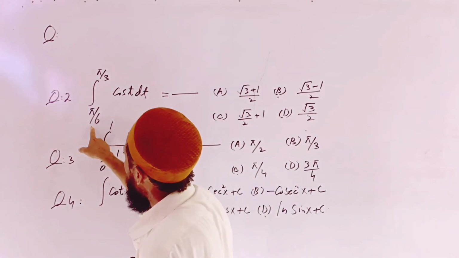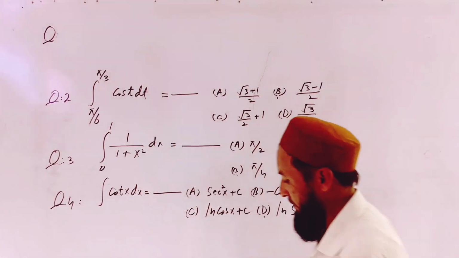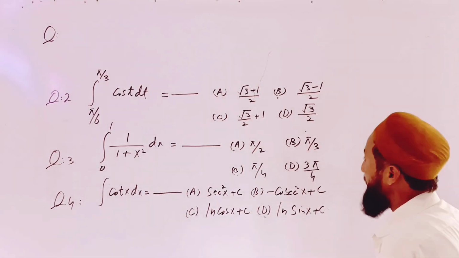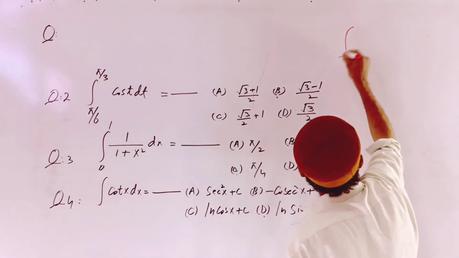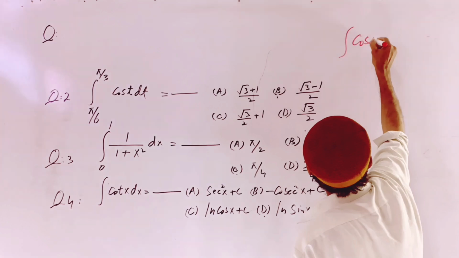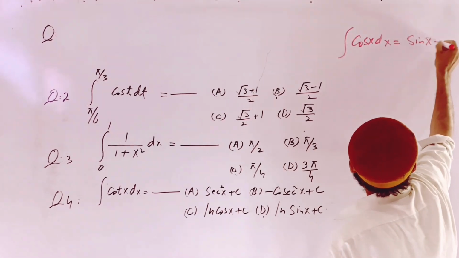Next, with upper limit pi by 3 and lower limit pi by 6, integration of cos t dt. First of all, we have already done the simple integration: cos x dx is equal to sin x plus c.